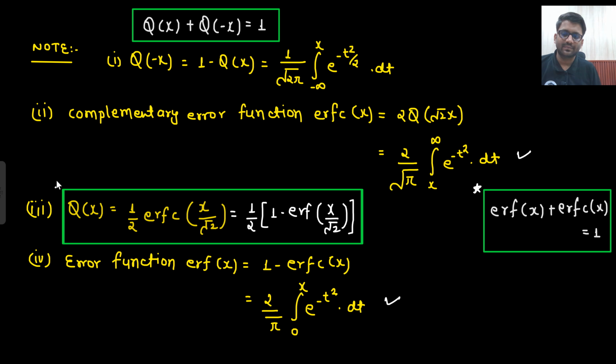The definitions, just for your reference, are error function, complementary error function and so on. They are not important to remember, but the relation between complementary error function and Q function, the relation between error function and complementary error function, and the relation between Q of x and Q of minus x, you need to remember. Very easily you will be able to remember these three things.